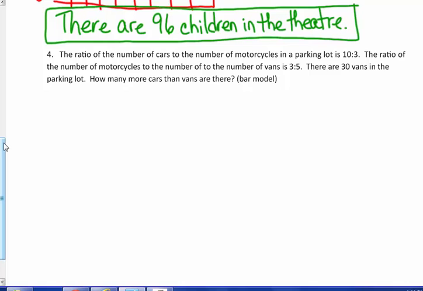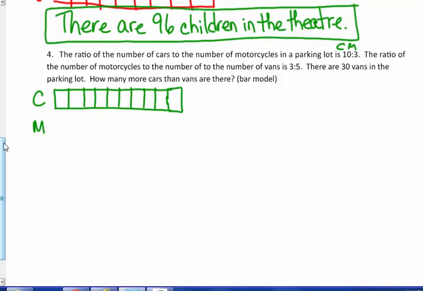So cars is the 10, motorcycles is the 3. 1, 2, 3, 4, 5, 6, 7, 8, 9. One's a little small. I'm going to make it a little bigger. Didn't really need to, but I like them to be proportional. So cars is 10. Motorcycles is 3.